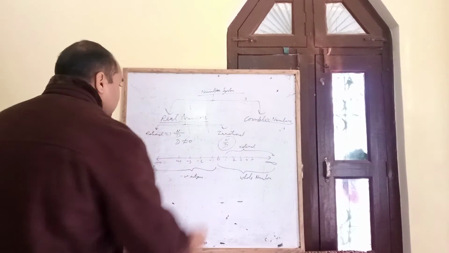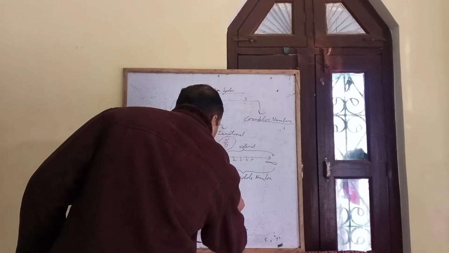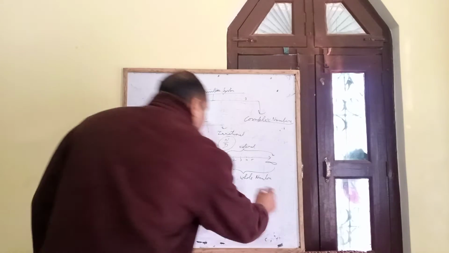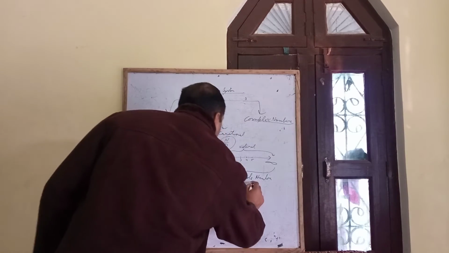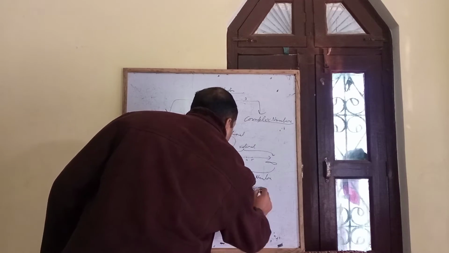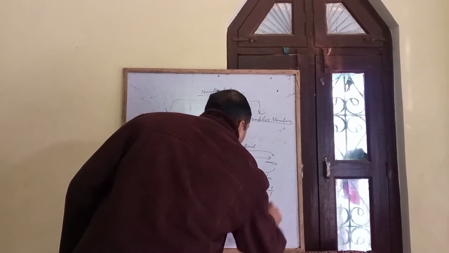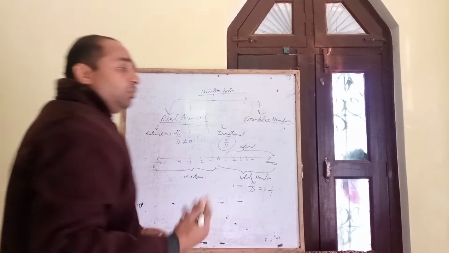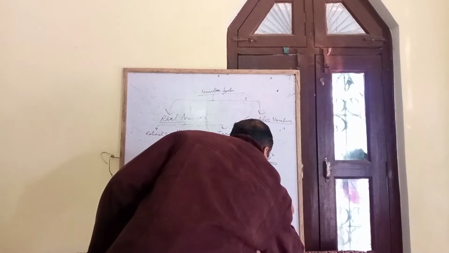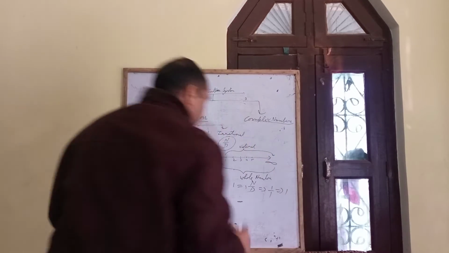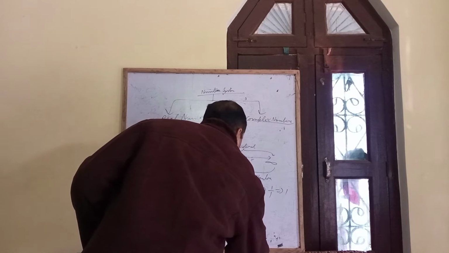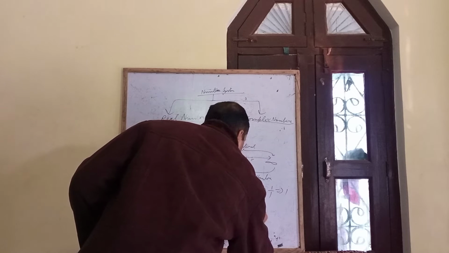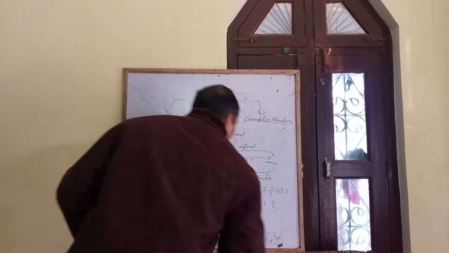Suppose 1, if we want to represent it in the form of numerator upon denominator, we can easily say 1 upon 1. By dividing any number by 1, we find the same number. In case of 2, we can represent it as 2 upon 1, that is 2.